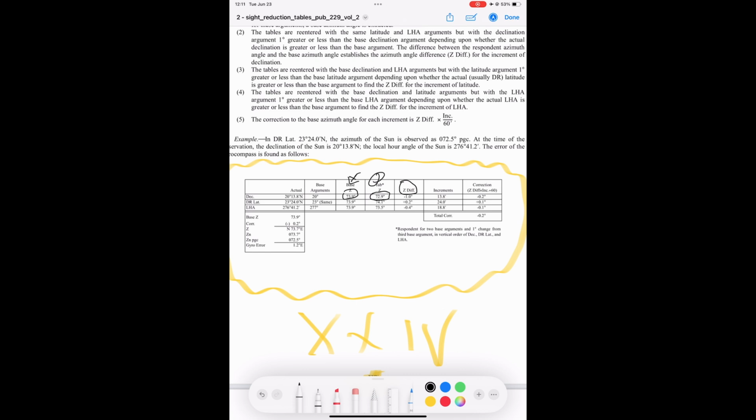Let's take a look at the next one. Let's see. 73.9, 74.1. This number is higher than this one. So it's a plus. So if ever I forget, I can always reference my table, and that will point me in the right direction. That will get me right back on track.